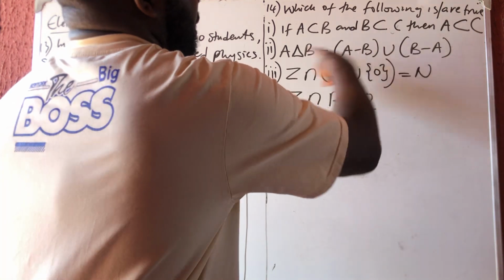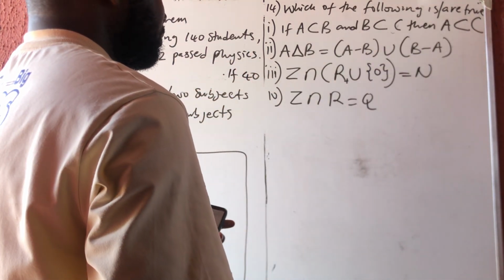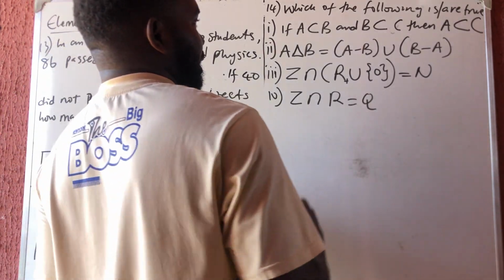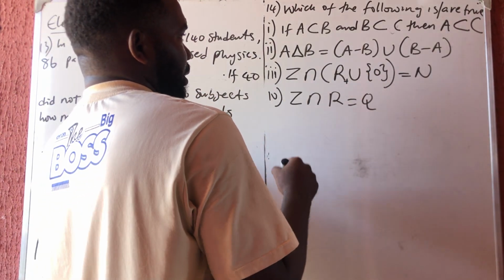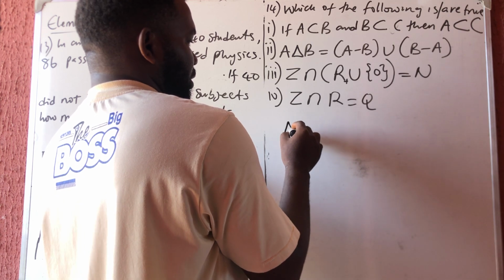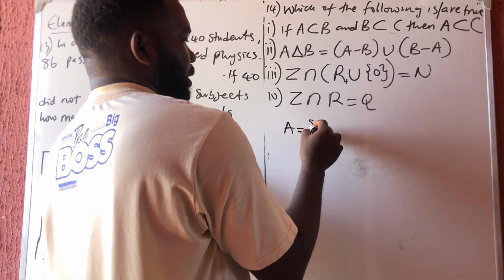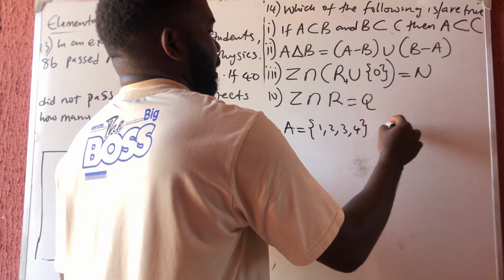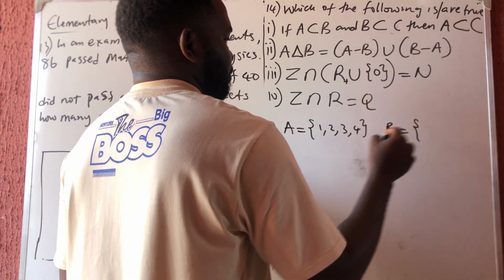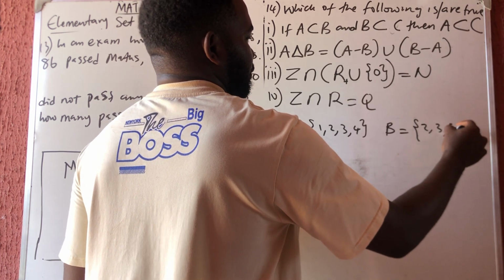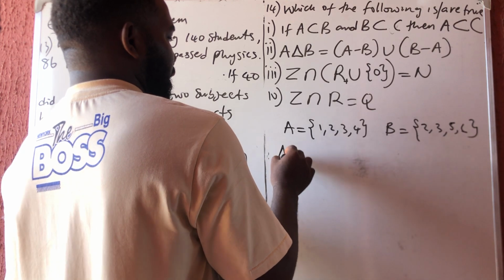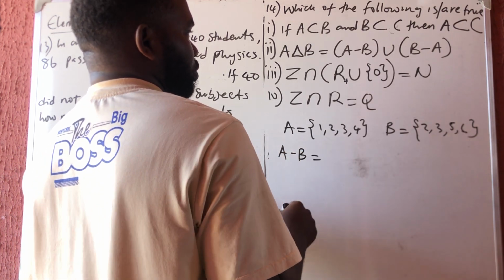So now look at this. Let us check if it is correct, because let's assume any number for A, B, and C. Let us just prove it. For A, let's say that A is equal to 1, 2, 3, and 4, and B is equal to 2, 3, 5, and 6. So now A minus B is equal to what?